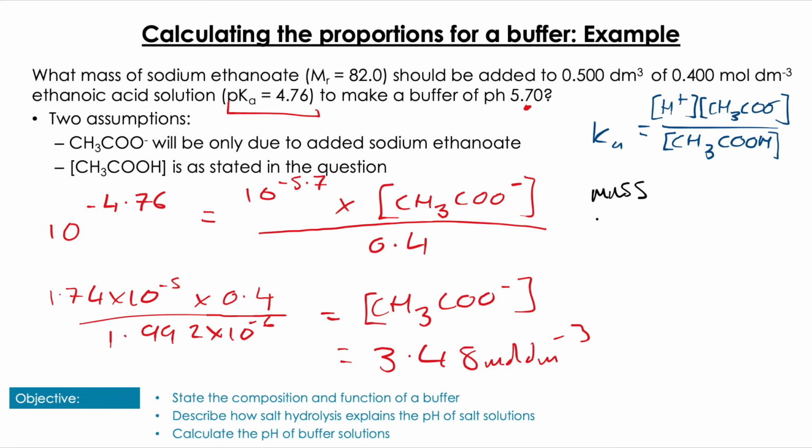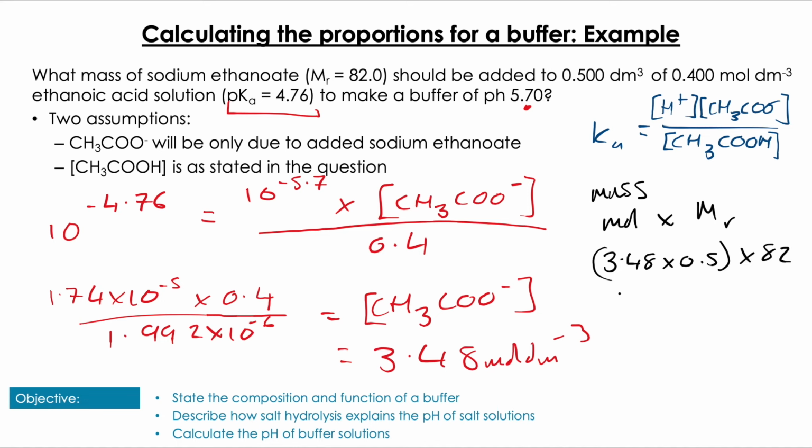We just need to work out how much sodium ethanoate we're going to add. So we want to find a mass. So that's going to be moles multiplied by Mr. And we need to know our number of moles. Now we need a concentration of 3.48 moles per decimeter cubed, and we have a solution volume of 0.5 decimeters cubed. So I'm going to do 3.48 multiplied by 0.5 for my number of moles.